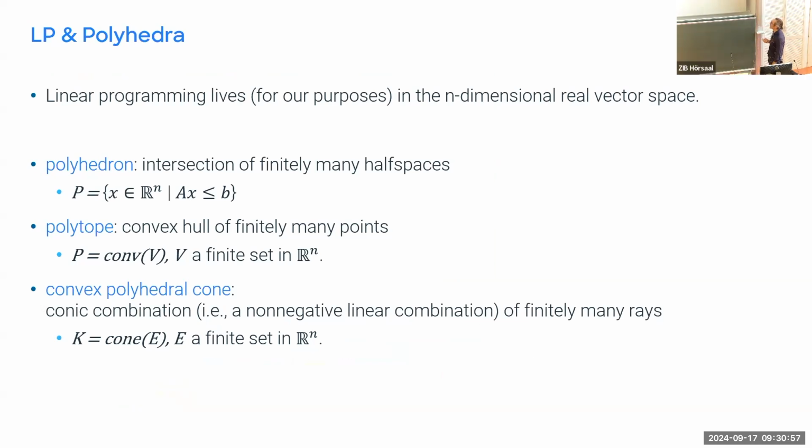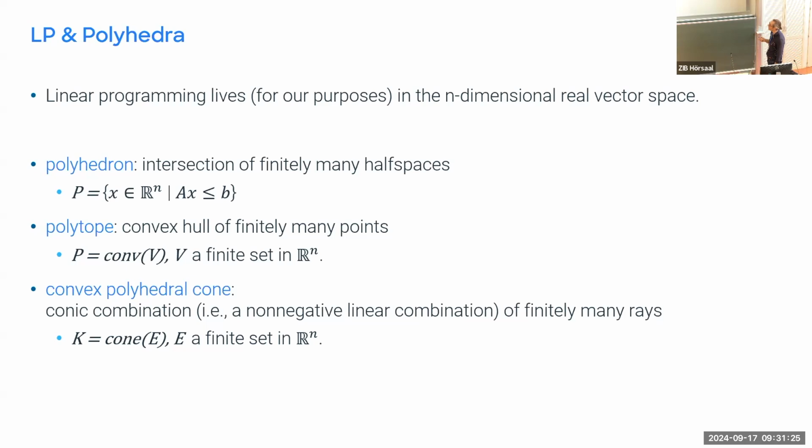Here are some terms that we should distinguish when we think about the feasible regions of linear programs. A polyhedron formally is defined as the intersection of finitely many half spaces. A half space is described by one linear inequality. So the intersection of finitely many half spaces means you just have a matrix inequality, Ax less than or equal to b.